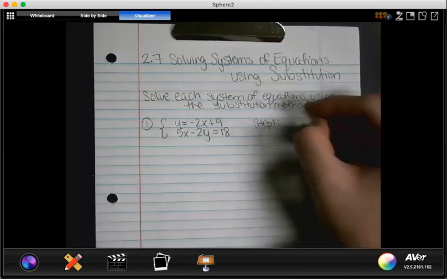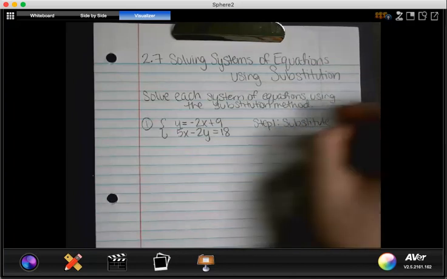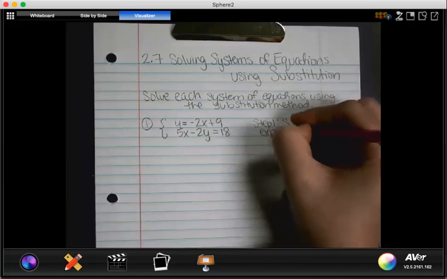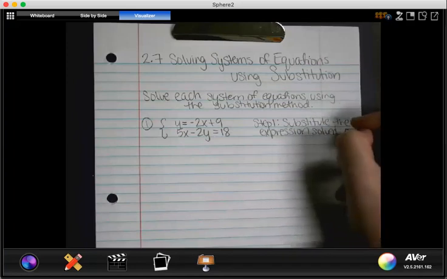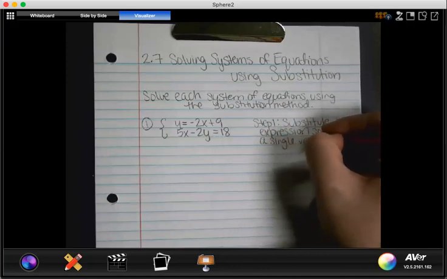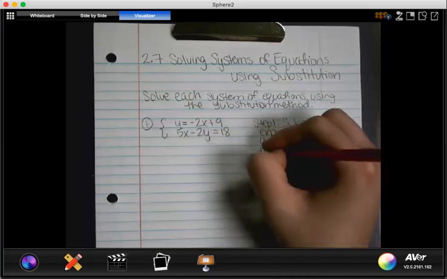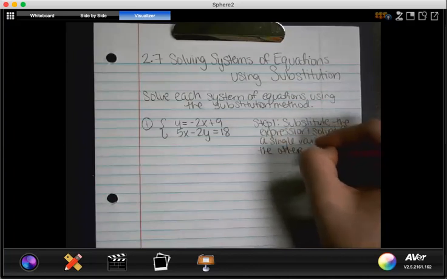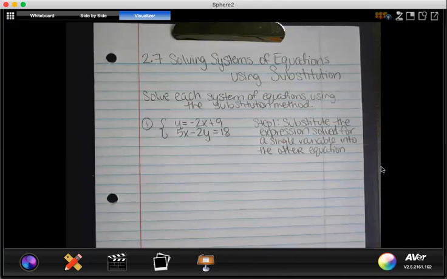Step 1, you are going to substitute the expression solved for a single variable into the other equation.